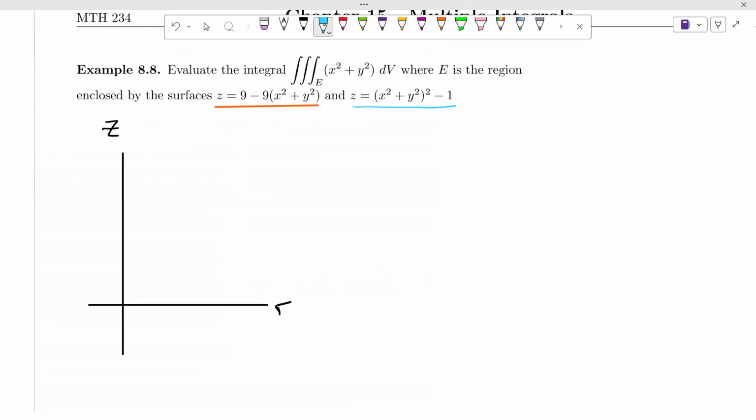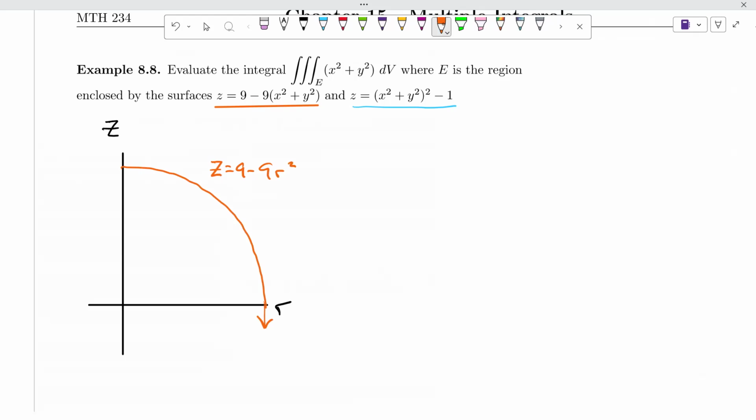I think that first surface, 9 minus 9 times x squared plus y squared, is just 9 minus 9r squared. So that's a parabola that opens down. So this is z equals 9 minus 9r squared.